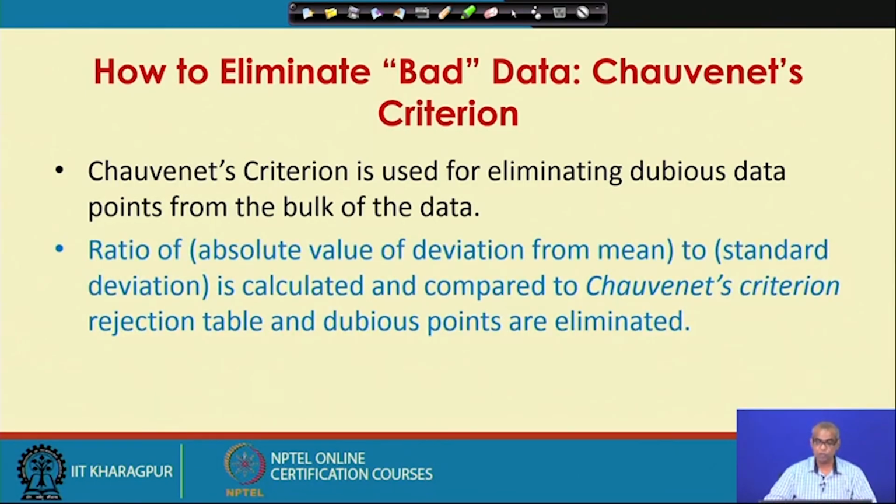The ratio of absolute value of deviation from mean to standard deviation is calculated and compared to Chauvenet's criterion rejection table, and dubious points are eliminated.